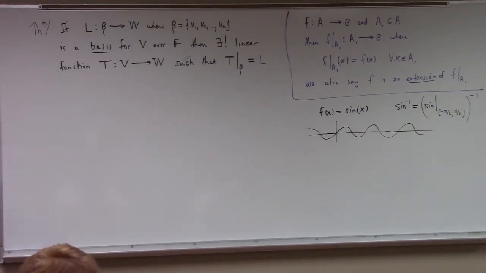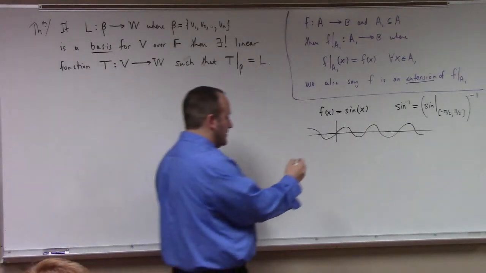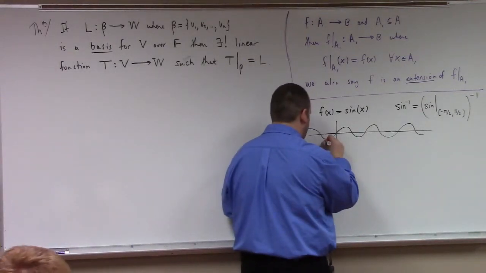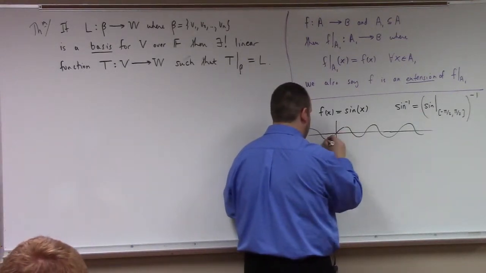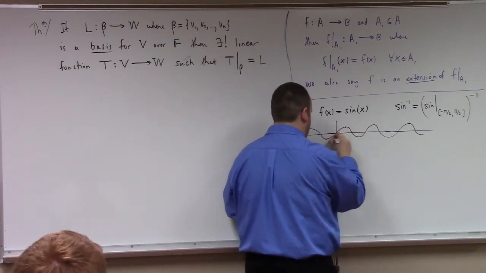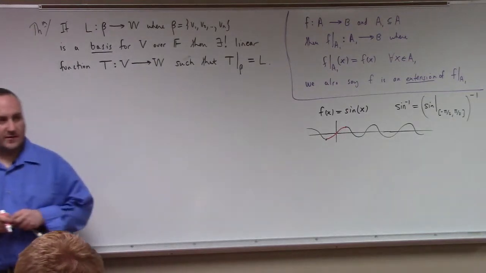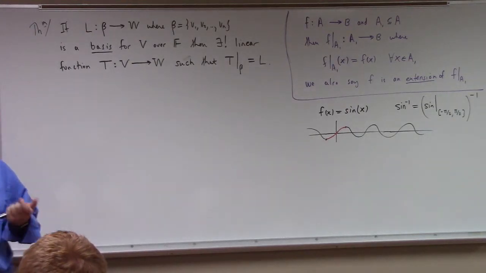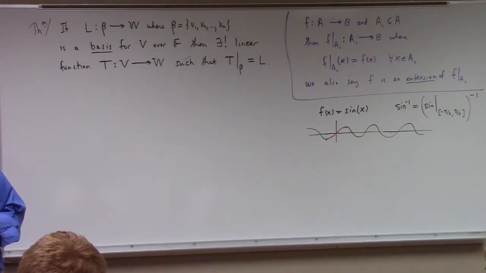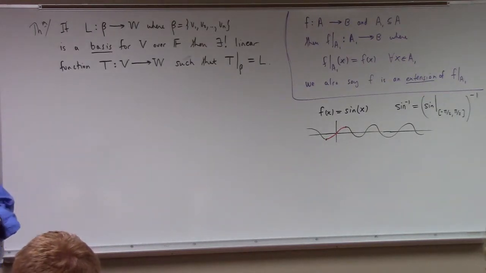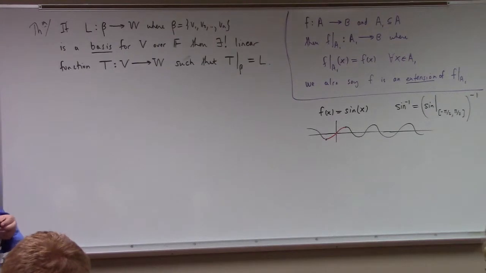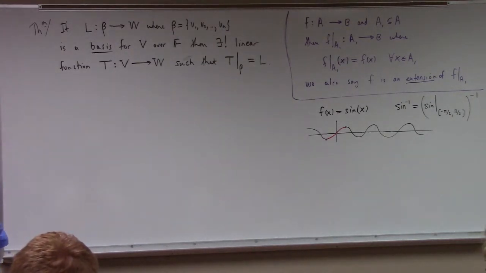Because if you narrow your attention to minus pi over 2 to pi over 2, then that red line there passes the horizontal line test. Each output is only hit once. It's injective, so you can invert it. That inverse is the arc sine. So that already involves the concept of restriction and extension, right?